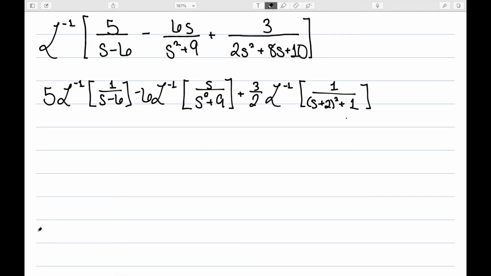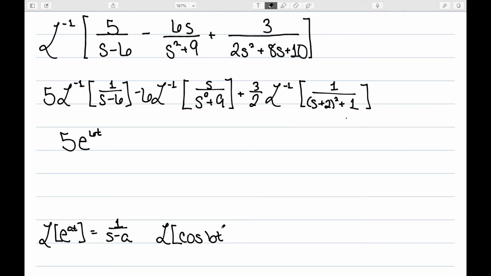And I'm not going to pull the table up, but I will talk us through the important parts. The table tells us the transform of e to the at is 1 over s minus a. So this first term would match that, and we would end up with 5 e to the 6t, since a would need to be 6 for it to match this thing here. It tells us that the transform of cosine bt is equal to s over s squared plus b squared.